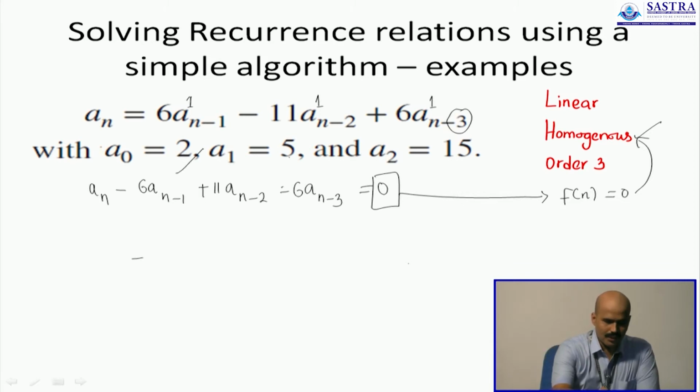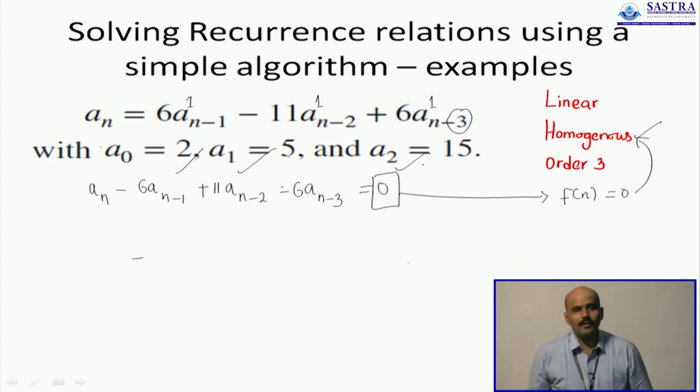You see that I have given you A0, A1 and A2, and therefore this recurrence relation is linear, is homogeneous, and it is also of order 3. Having identified these 3 key parts of the recurrence relation, we can set out to solve this.